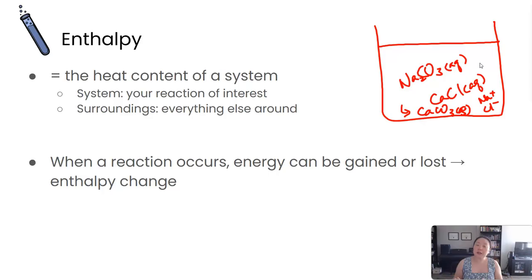This energy change is referred to as an enthalpy change. The way the enthalpy change works is that you take the total heat of all of your products and subtract the total heat of all of your reactants, and that difference is what you notice when it comes to those changes in energy.